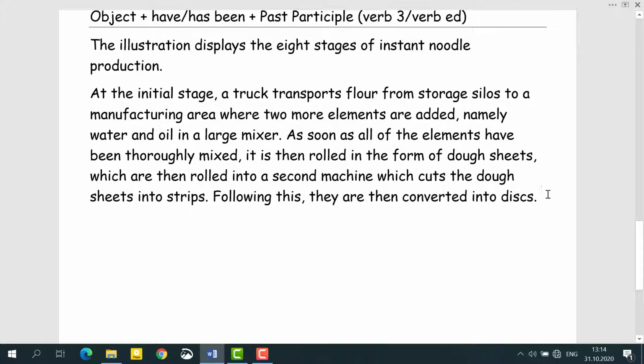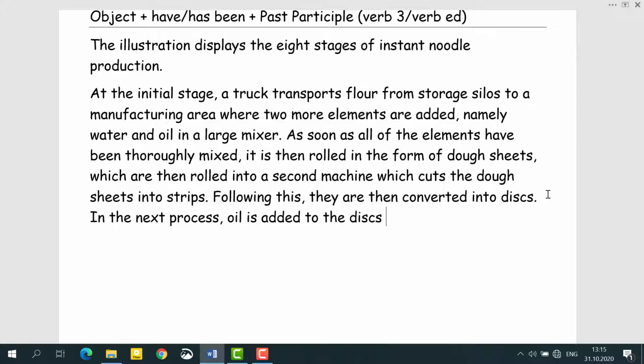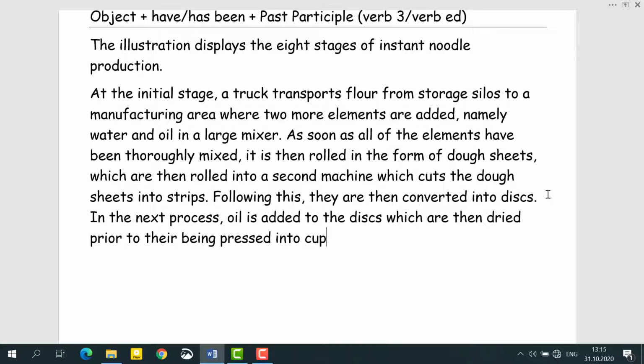Okay, in the next process, oil is added to the discs, which are then dried prior to their being pressed into cups. Okay.